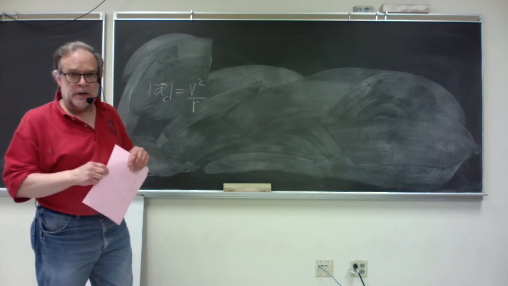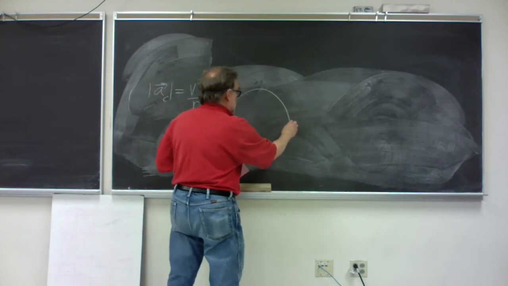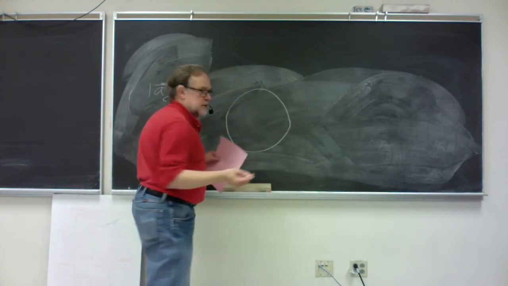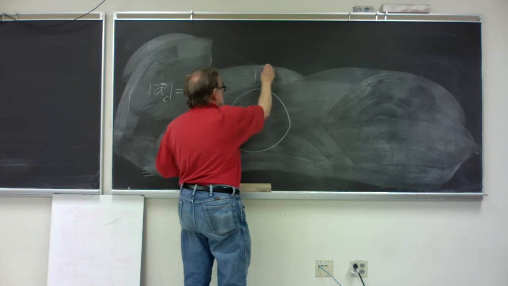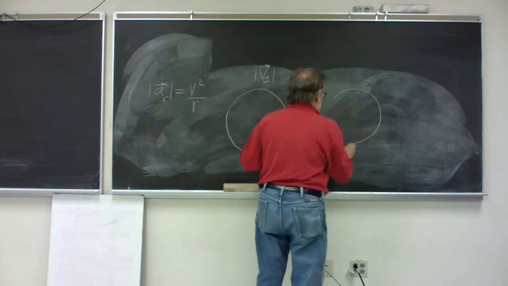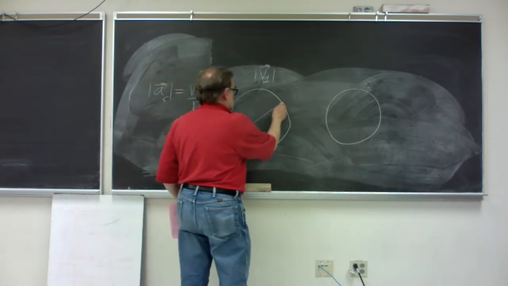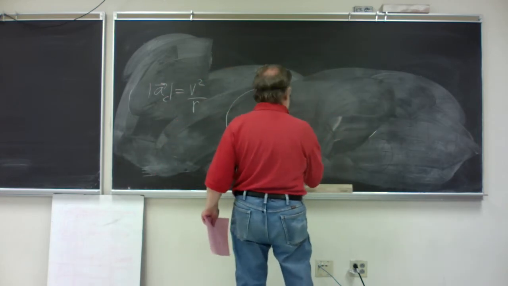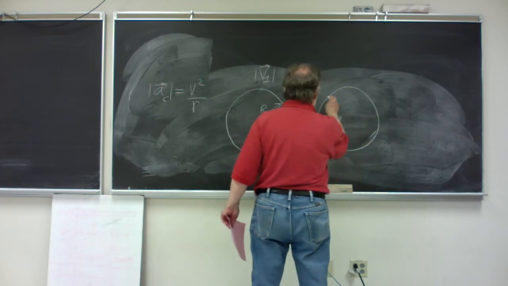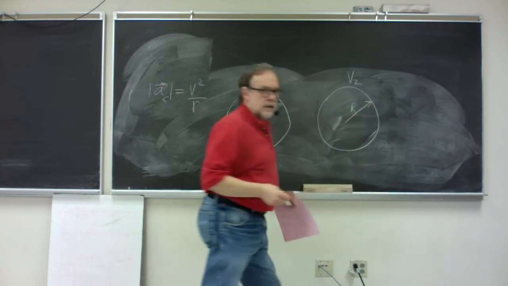Well, think of it this way. Compare two different situations. You've got a mass moving in a circular path at one speed, and then moving in the same circular path, same radius, at a different speed.